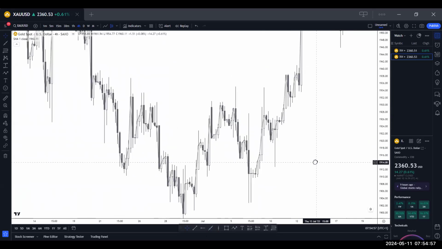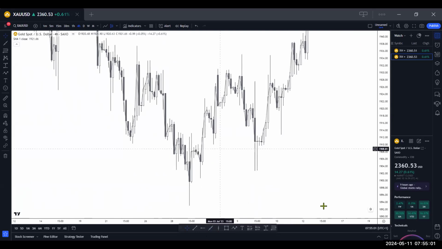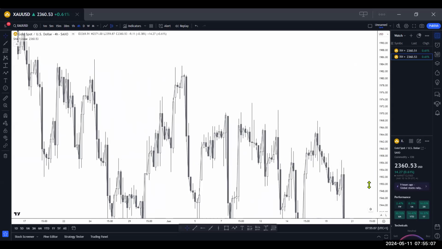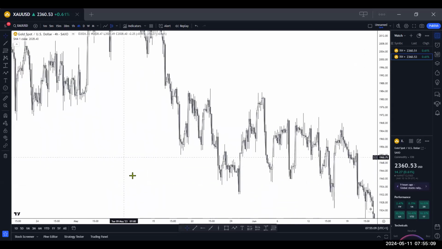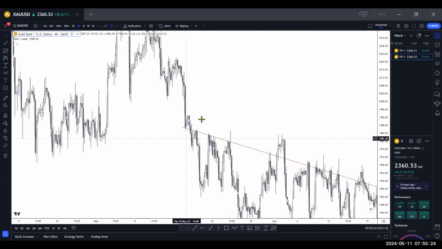So let's see the last example. Okay, another example. First touch, second touch, entry. Okay. This is type 6. This type 6 trend line.